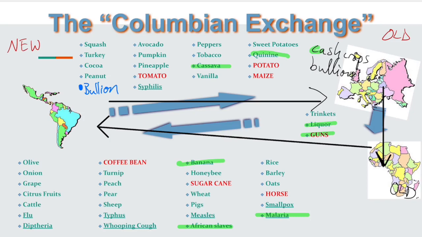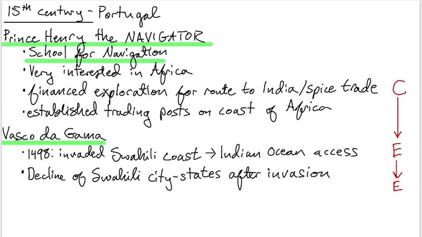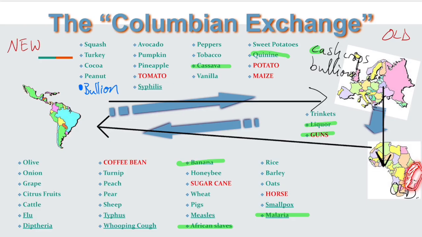All right. So one of the explorers that Henry the Navigator, or at least the Portuguese, funded was Vasco da Gama. Okay, remember that in 1498 he completed his route around the coast of Africa, but in addition to finding that route to the spice trade, to the Indian Ocean trade, he also invaded the Swahili coast, so this area right here on the eastern coast of Africa, which remember was booming for trade.